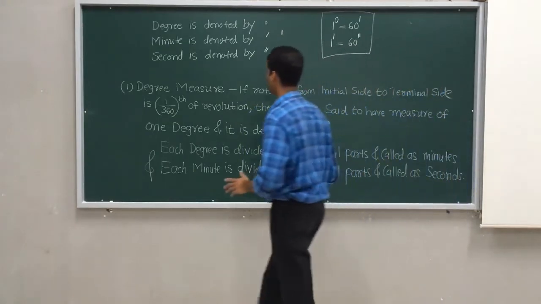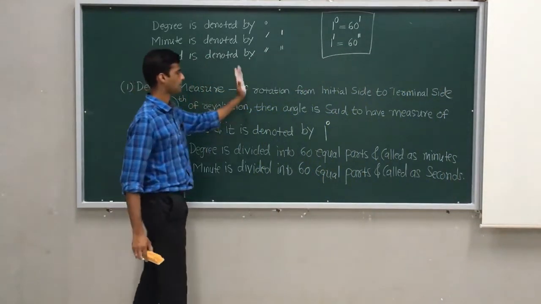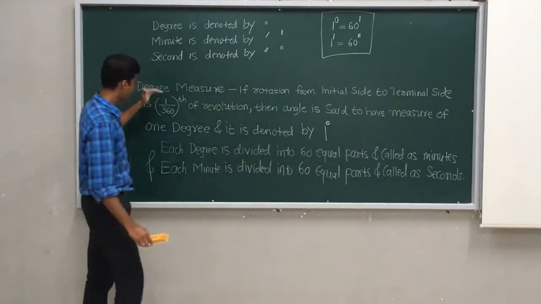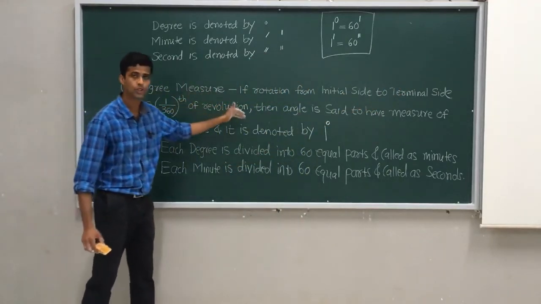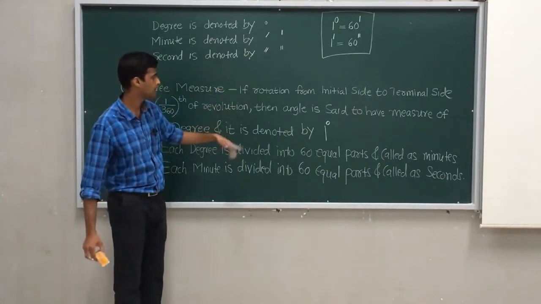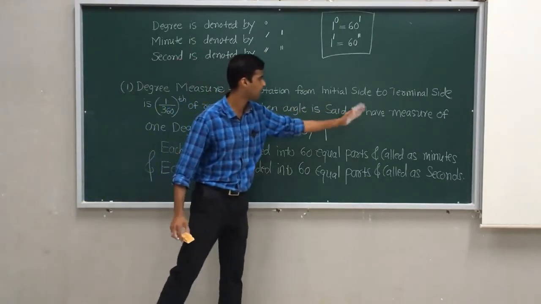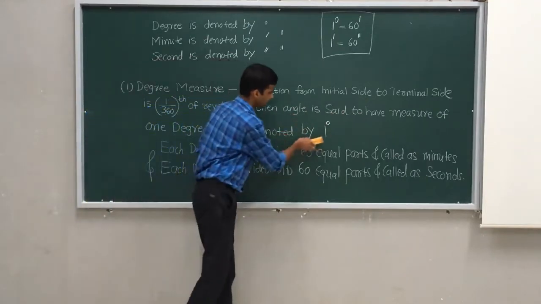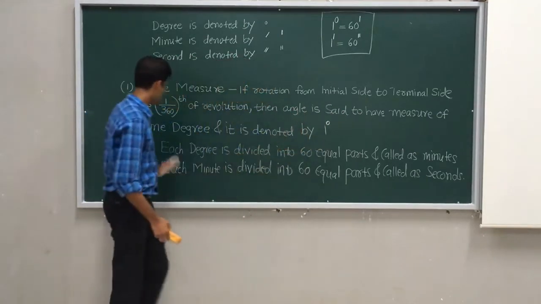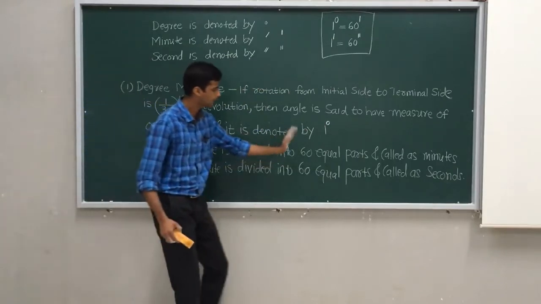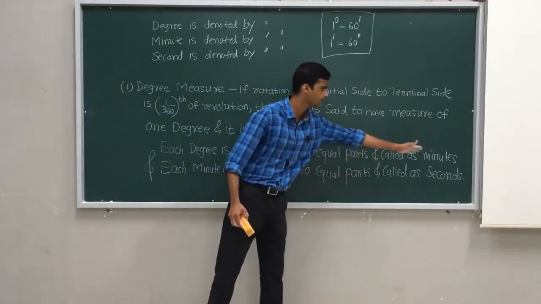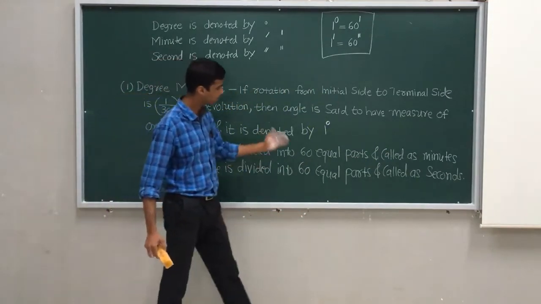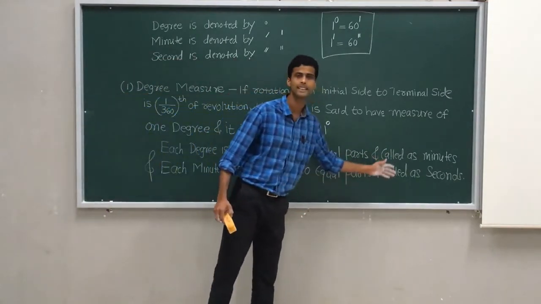Let me repeat. If the rotation from initial side to terminal side is 1/360th of a revolution, revolution meaning rotation, then the angle is said to have a measure of 1 degree. Each degree is divided into 60 equal parts called minutes, and each minute is divided into 60 equal parts called seconds.